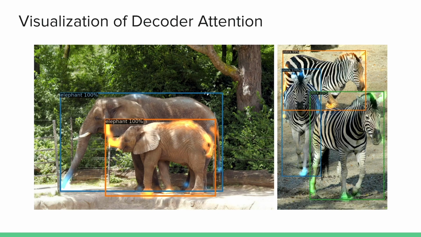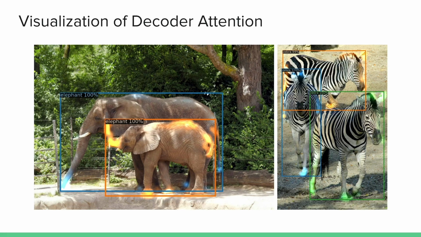It visualizes those with sort of heat maps, and you can see the back and the tail of the elephant, or maybe even the legs that are behind the first elephant. It still pays attention to these, so there was a high activation in the neural network to understand the extent of our elephant.